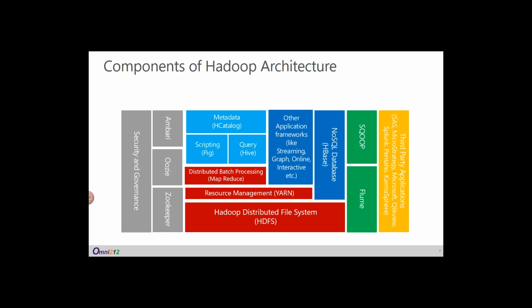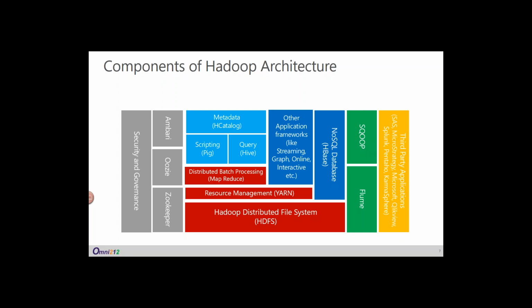The distributed processing framework: Hadoop uses MapReduce and YARN to split up its tasks across multiple participating machines. We'll be taking them in detail very soon. The other supporting frameworks: the integration framework is shown in green color. It includes various tools and utilities like Sqoop and Flume to integrate Hadoop with other common systems like RDBMS.